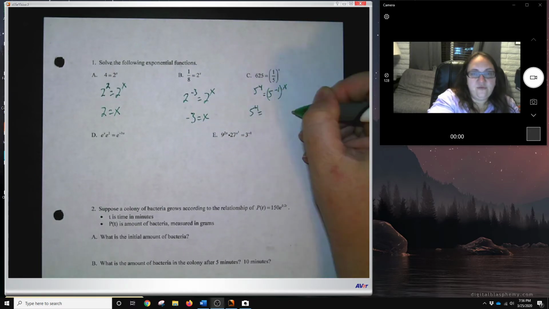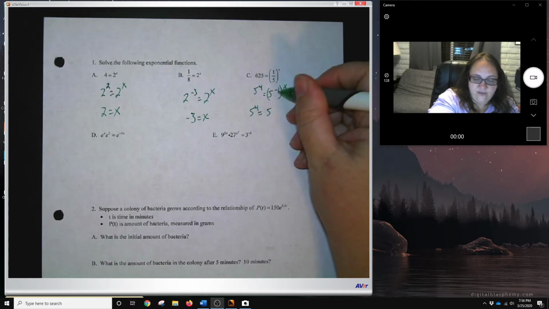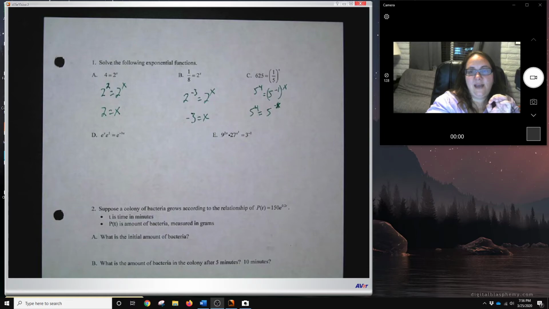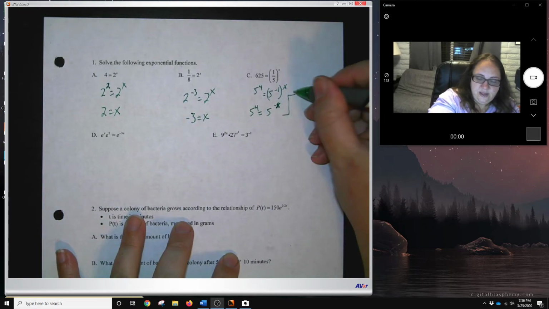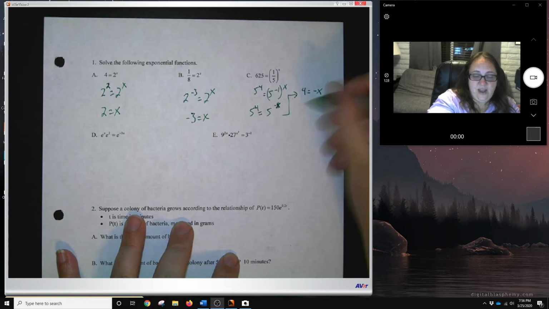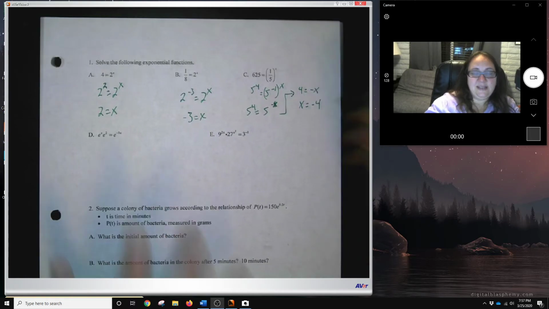So 5 to the 4th equals 5 to the -x, -1 times x. And now that the bases are the same, I can set the exponents equal to each other. So then this would mean 4 equals -x. Divide both sides by -1, and x equals -4.